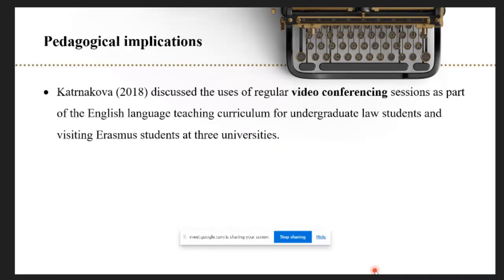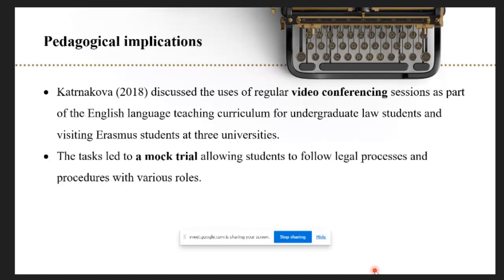So here we have an example of how it is applied in teaching English. The case study here used video conferencing sessions for law students at three different universities. If they participate in the course, they can also join a mock trial with different roles.